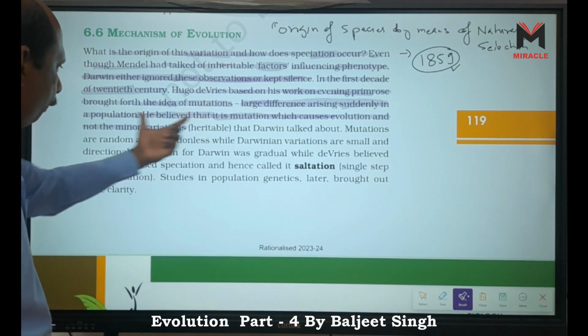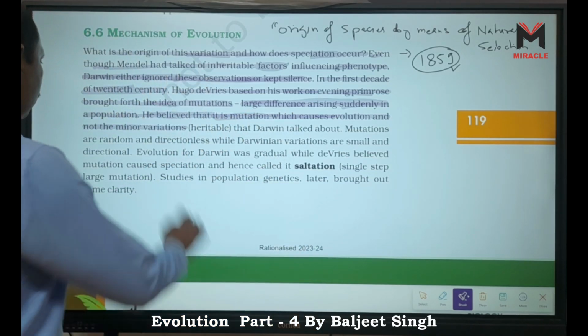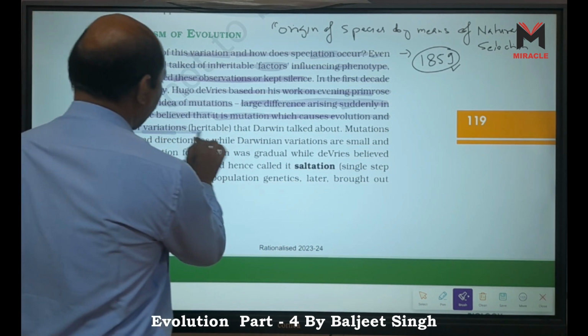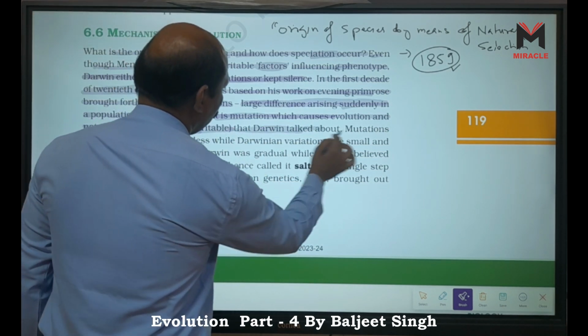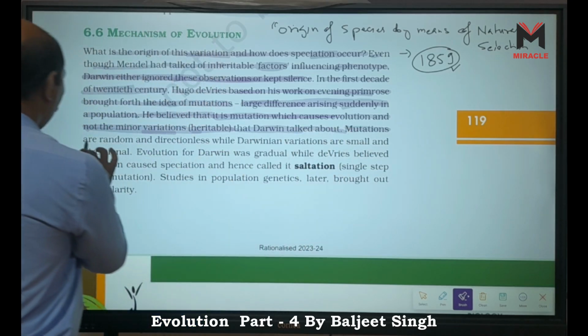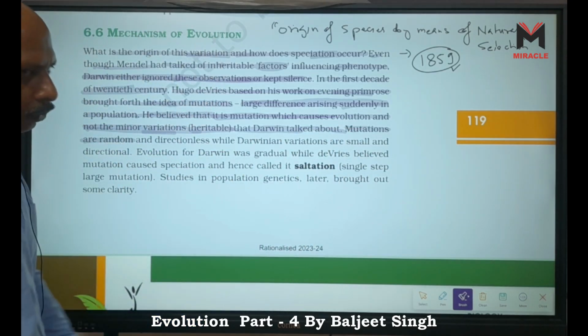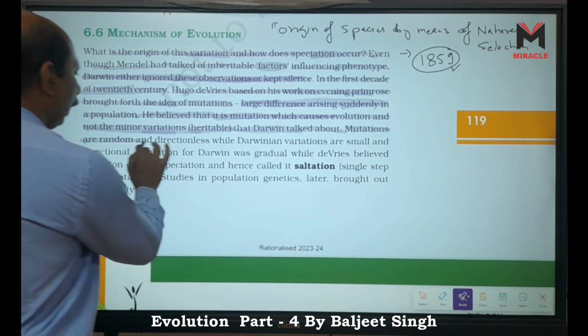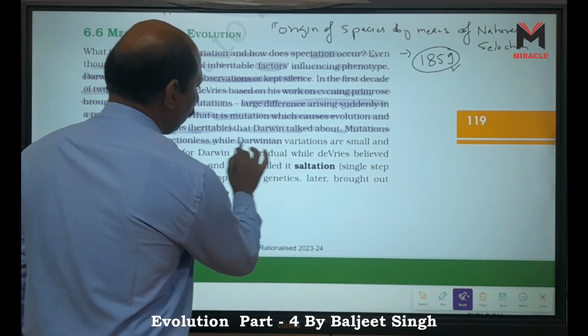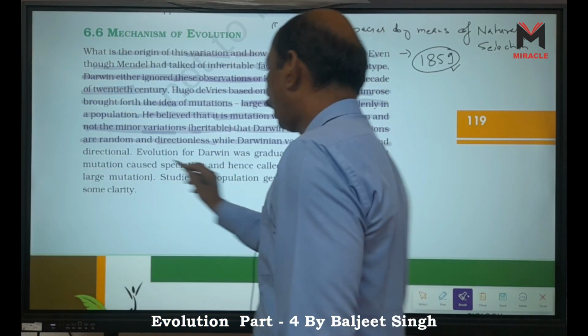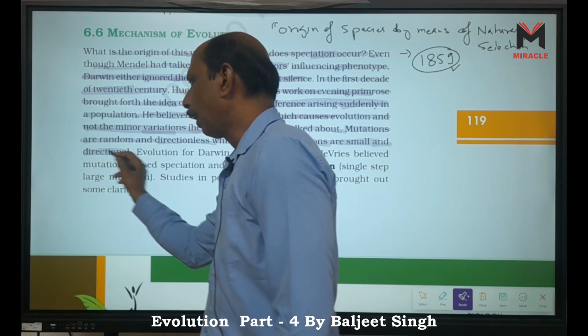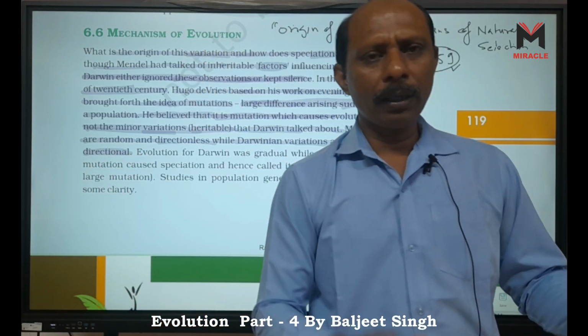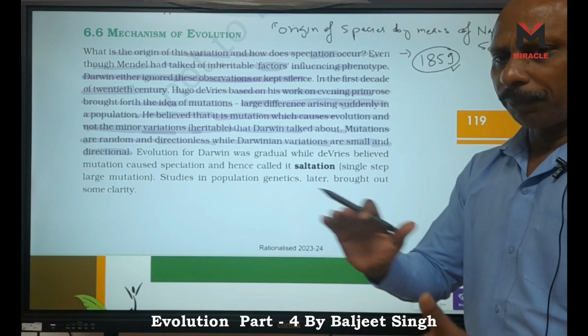Hugo de Vries said, not the minor heritable variation that Darwin talked about, but mutations are random. Today we know mutations are random and directionless, while Darwinian variations are small and directional because they accumulate. Then we understand which type of traits accumulate.